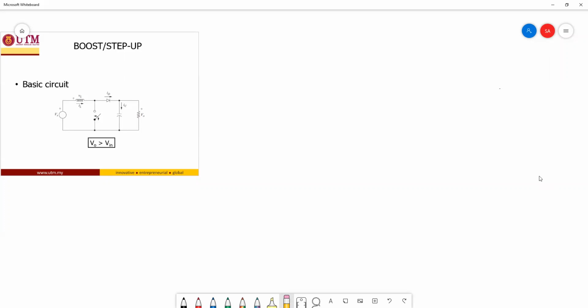For this lesson, we will derive the output voltage ripple equations.